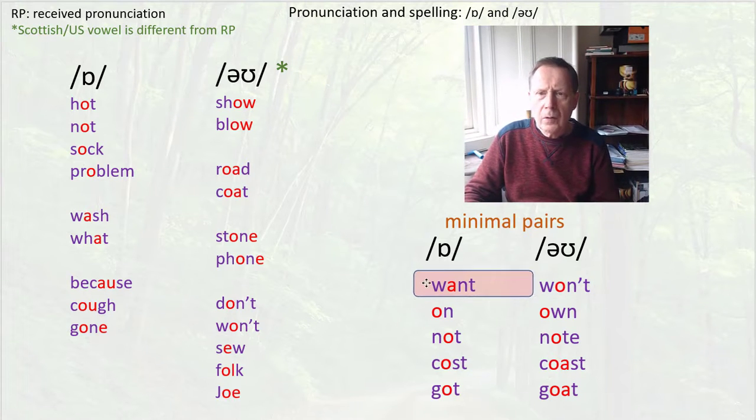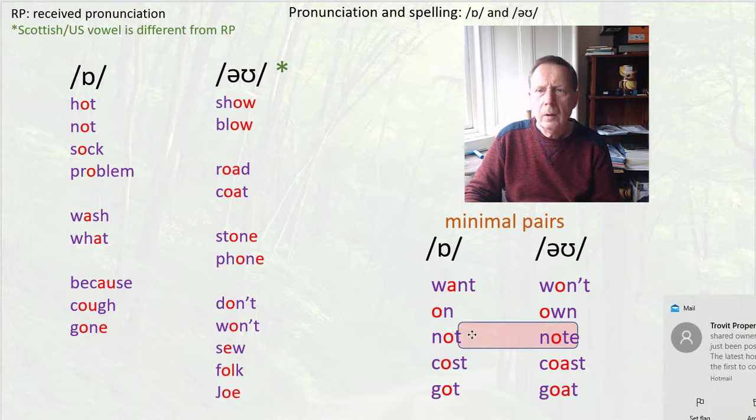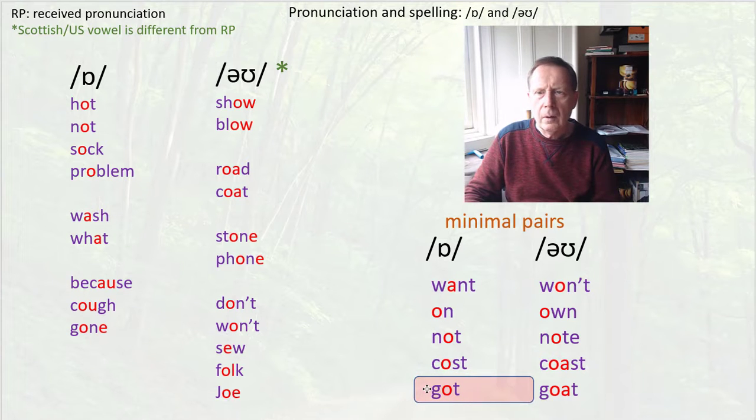Again, want, won't. On, own. Not, note. Cost, coast. Got, goat. So you can see different sound, different vowel.